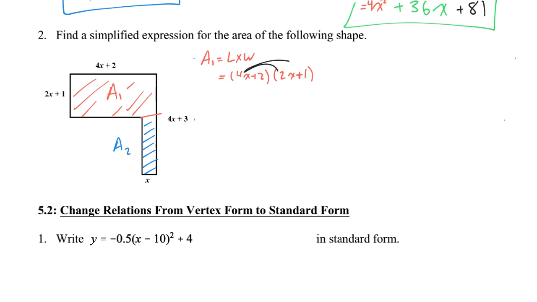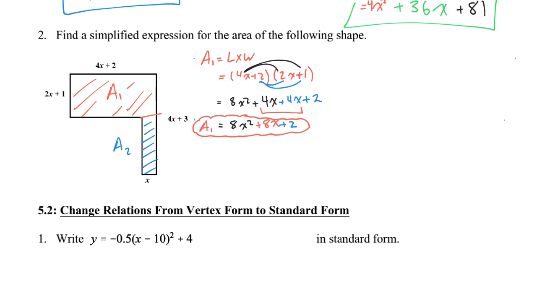Take our 4x, multiply into there, and take our 2 and multiply everything into there. And we get this: 8x squared plus 4x plus 4x plus 2. And now all that's left to do is take the information in the middle and add it together. So let's do that. And we end up with A1 equaling 8x squared plus 8x plus 2.